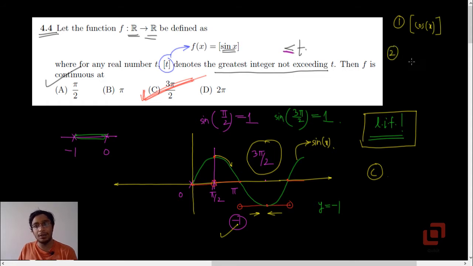Possibility 2, f of x equal to the least integer function of sin x, and possibility 3, least integer function of cos x. All three possibilities should be worth looking at, so I'm giving that as homework to you.